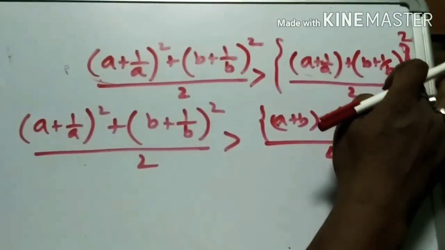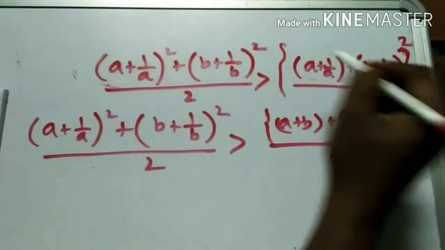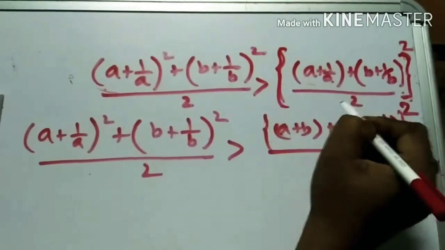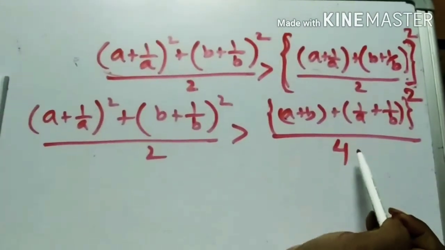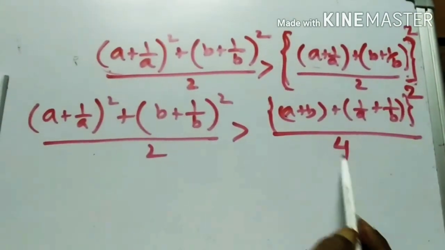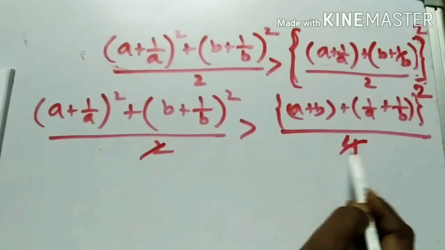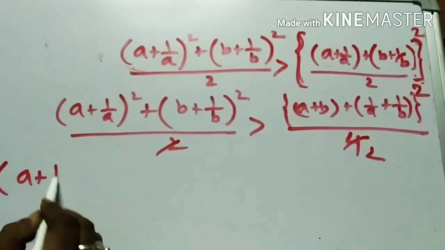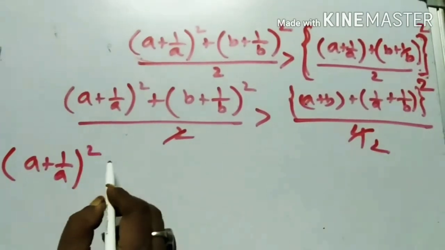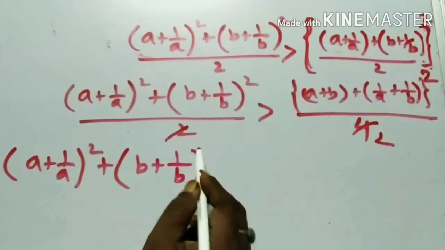The 2 is inside the bracket, and 2 squared is 4, which I have removed from the bracket. Now this 2 and 2 cancel out. So it becomes (a + 1/a)² + (b + 1/b)² greater than the square of the sum.